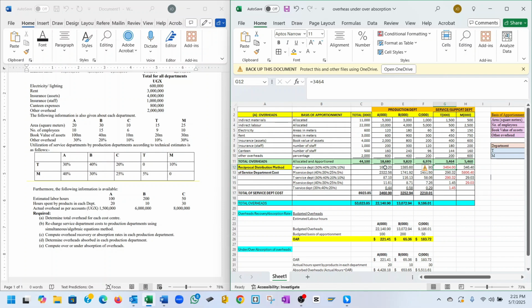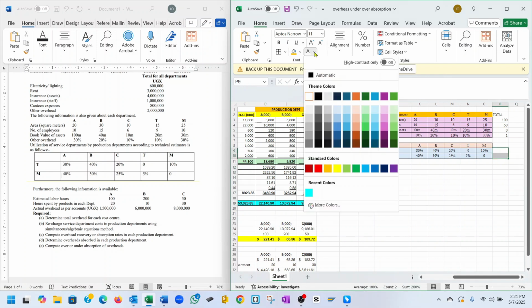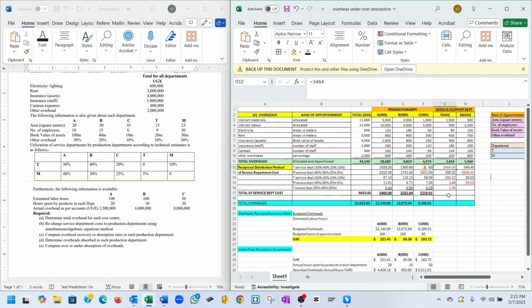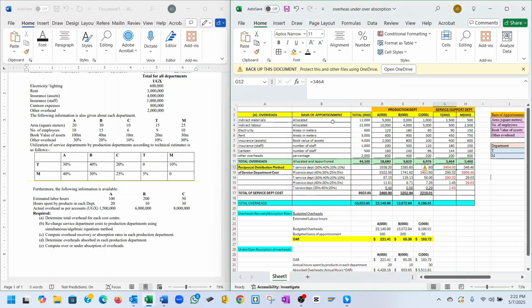So for department A, it is going to be 30% over 100% times this cost that has been given to you, this particular cost highlighted. And that is going to give you 1039.20.